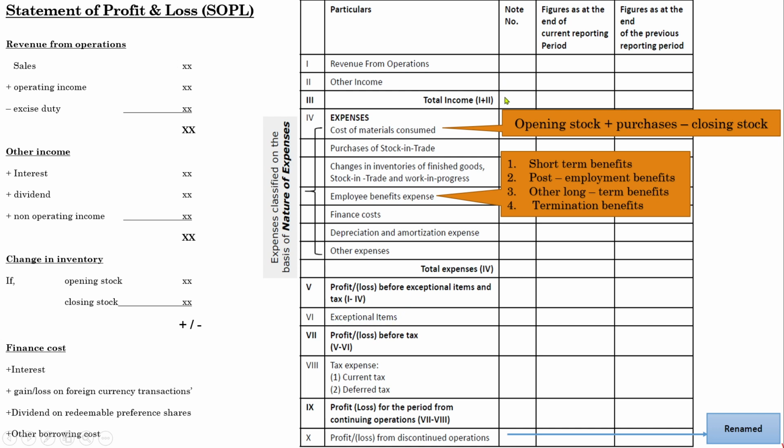That is the difference between total income and total expenses. So total income minus total expenses, you will get profit or loss before adjusting the exceptional items.